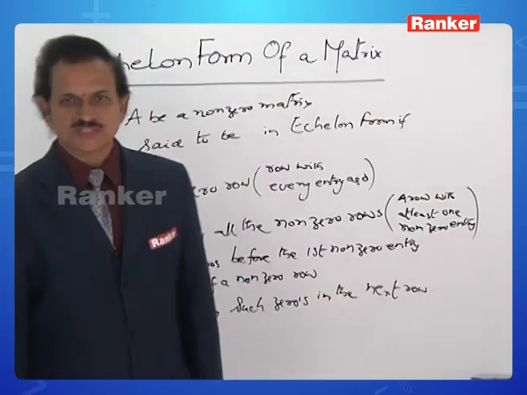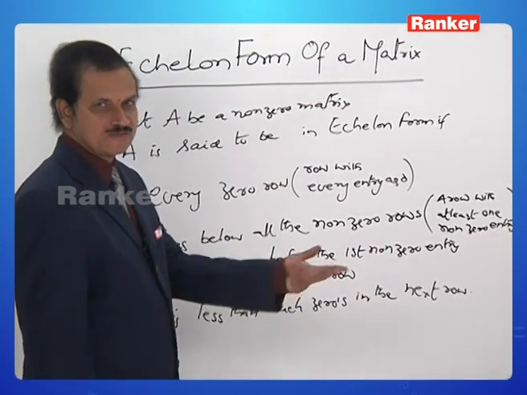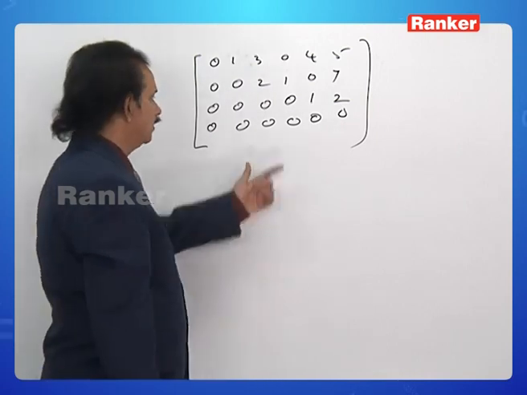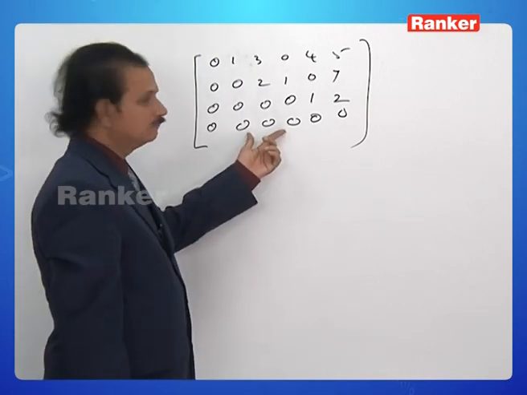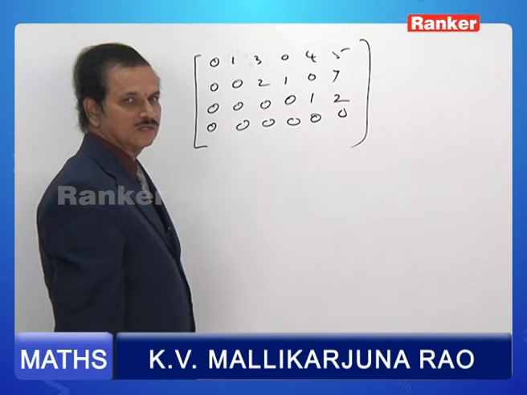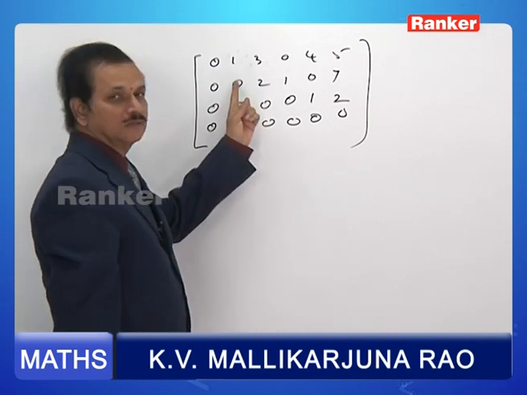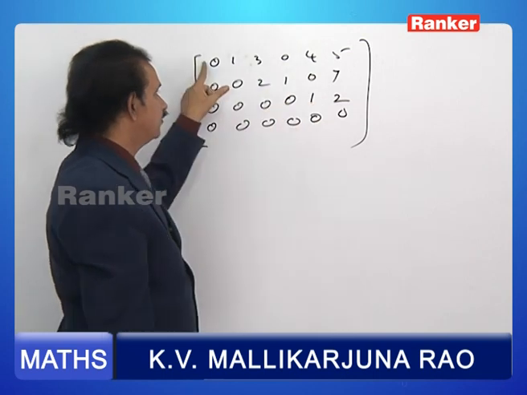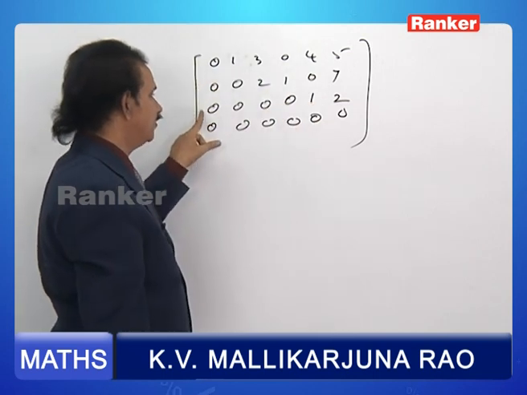Let me try to explain these two rules by means of another example. Observe this matrix. This is a 0 row. These are all non-zero rows because we are able to have at least one non-zero entry. Non-zero row, non-zero row, non-zero row.